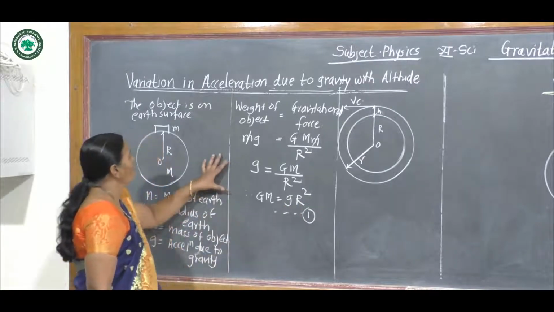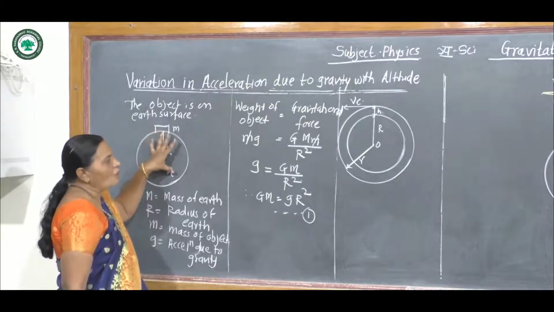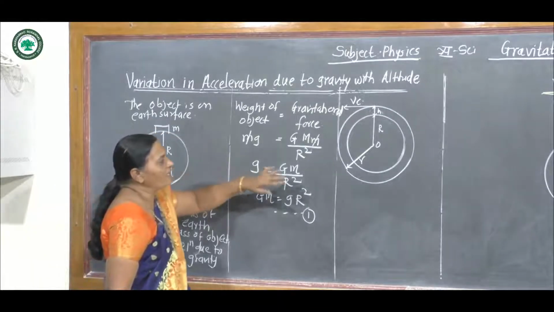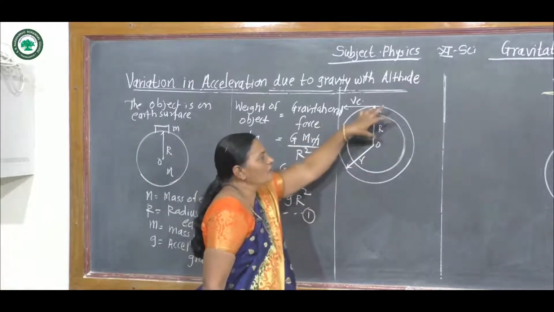This is the case when the object is on the earth's surface. Now we consider the object at a height h revolving around the earth.